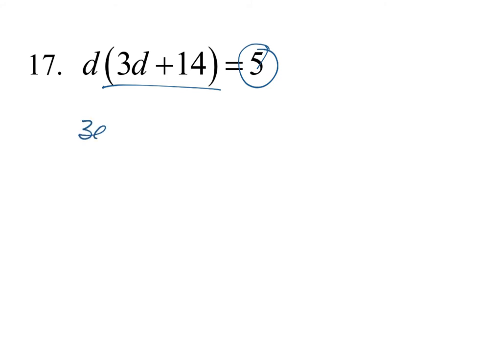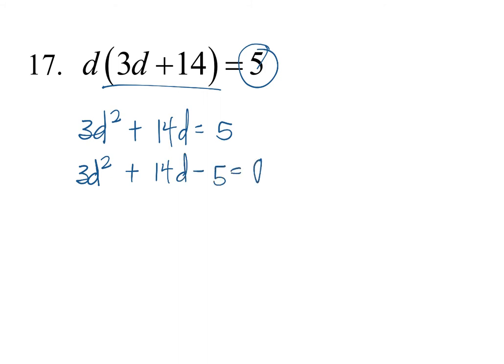So that would be 3d squared plus 14d equals 5. And so now I can subtract 5 from both sides. And we can use that AC method of factoring to look for two things that multiply to give us a negative 15 but add to give us a 14.